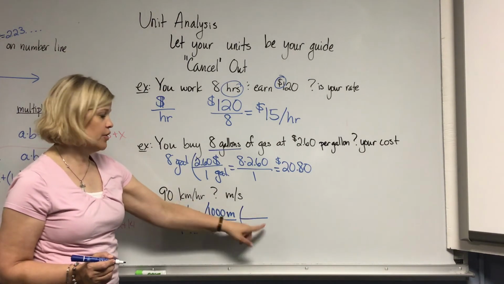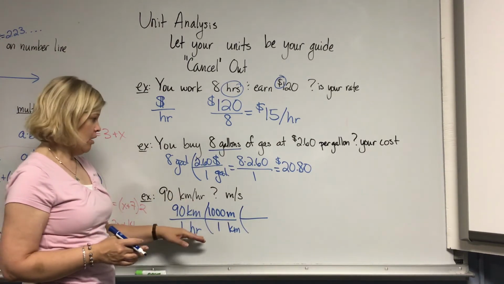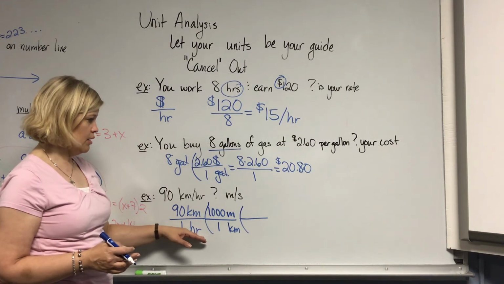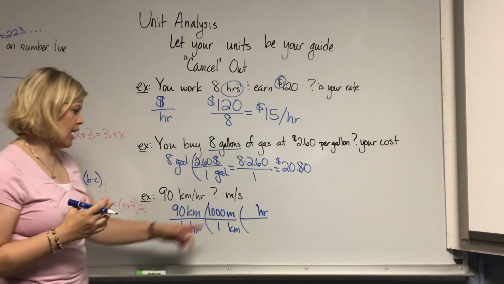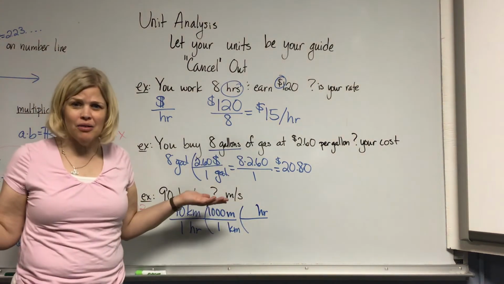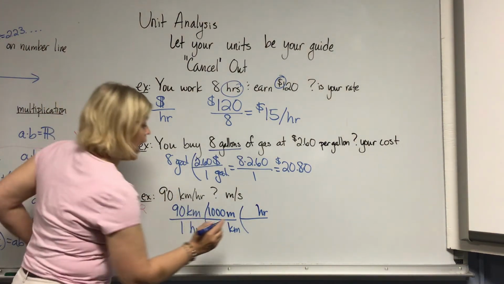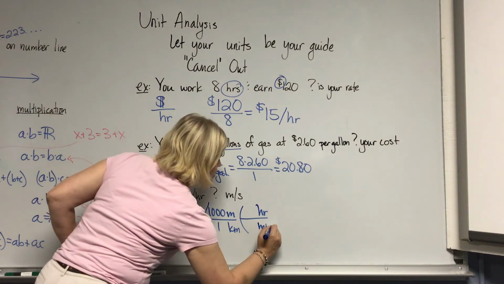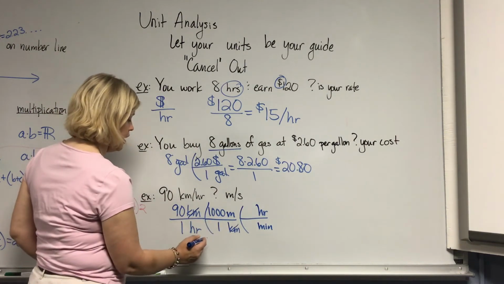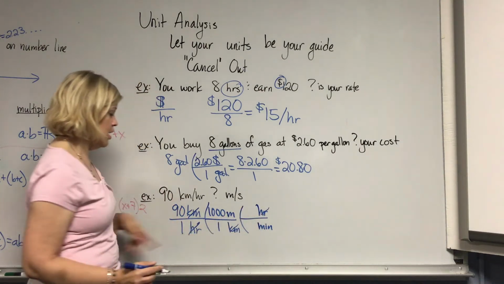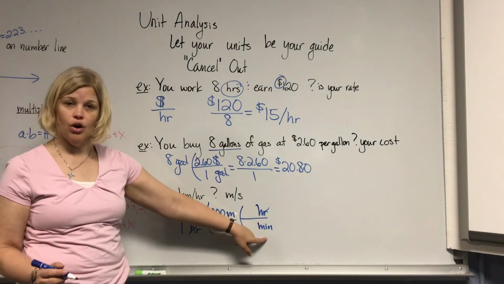Already on the bottom, so do the other one. Put it up top. And I need to get hours to seconds, but I don't know how many seconds are in an hour. I do know how many minutes are in 1 hour. So let's see, kilometers is gone, hours is gone. So now I've got meters over minutes.